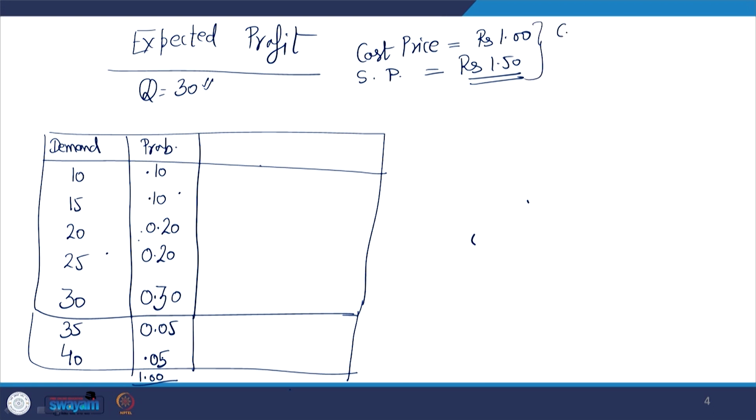We are going to define two types of cost, the cost of overstocking and the cost of understocking. Now, what are these two costs? If you see this data, the profit per unit is 50 paisa.